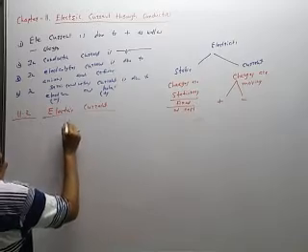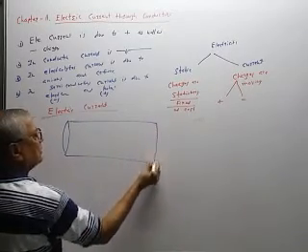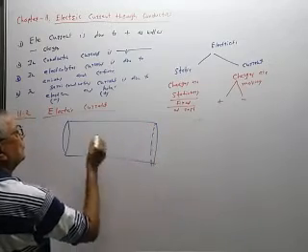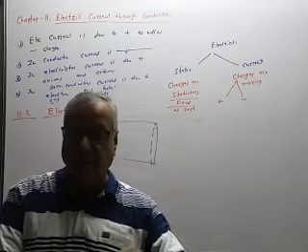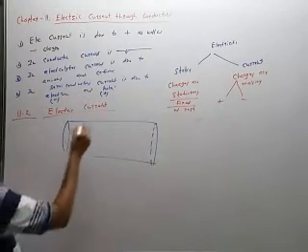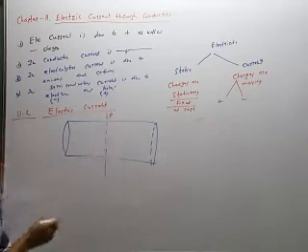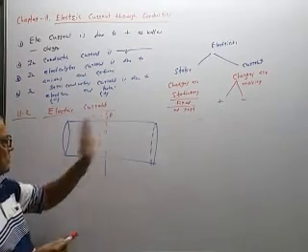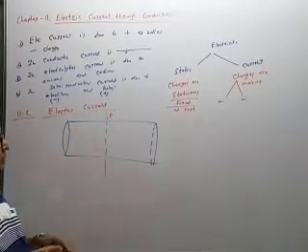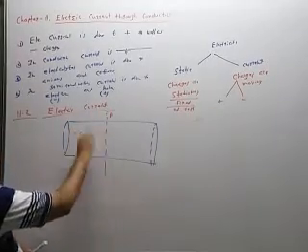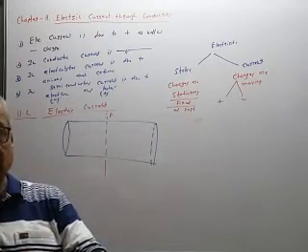Suppose this is a conductor, a copper wire, and this is a plane. Imagine P is a plane, which means this plane is perpendicular to the axis, to the length of the conductor. Now on both sides there are charge carriers, charged particles.